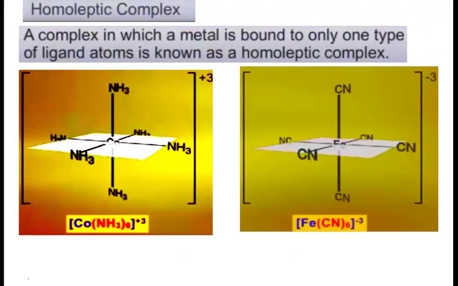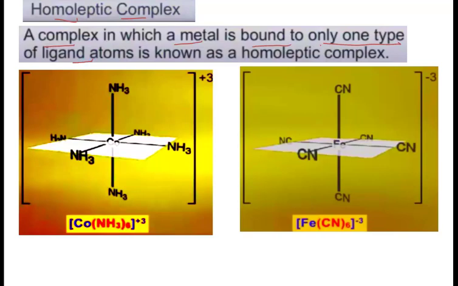Okay. Now the next term is homoleptic complex. There are two important terms, homoleptic and heteroleptic. Homoleptic complex: a complex in which a metal is bound to only one type of ligand atom. Very important.